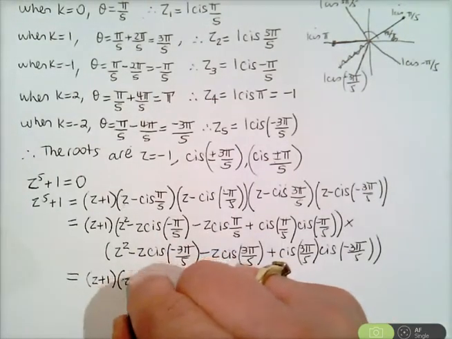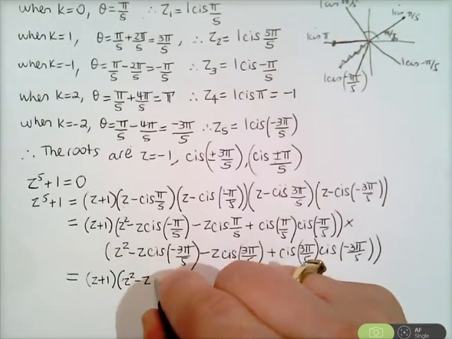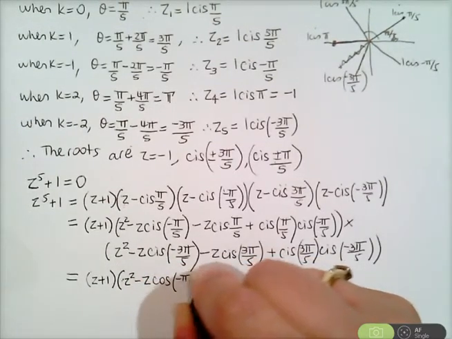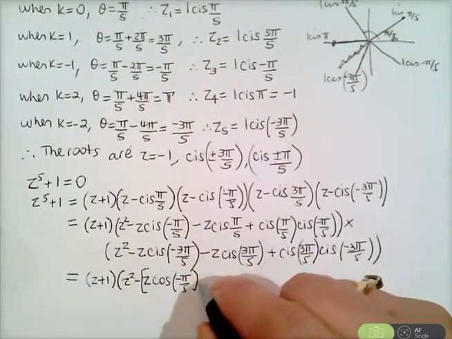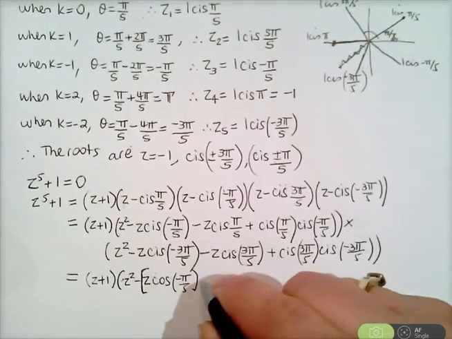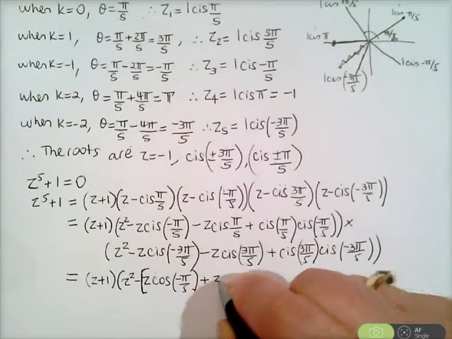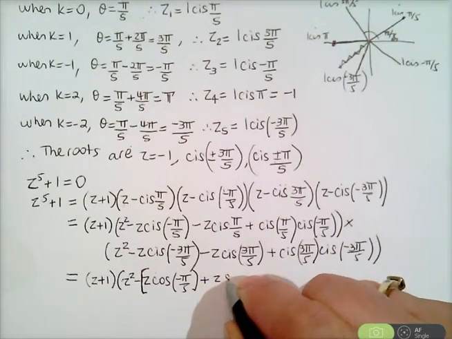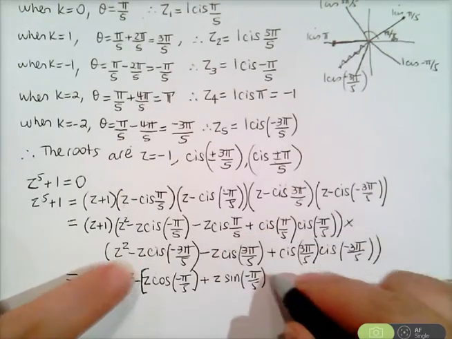So I've got z squared minus z, I'm going to expand this, and I've got z cos minus pi on 5, brackets here, just got to be careful, plus z sine minus pi on 5, so I've just expanded that first one.